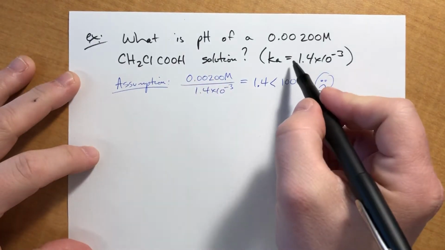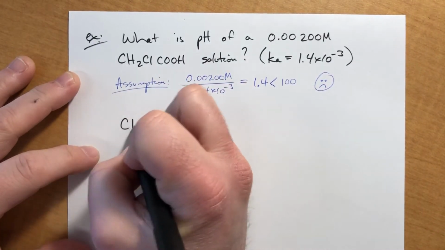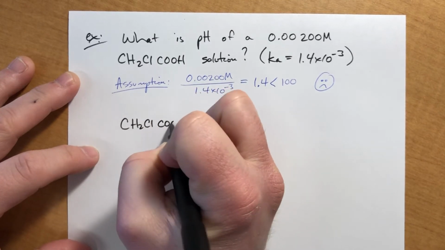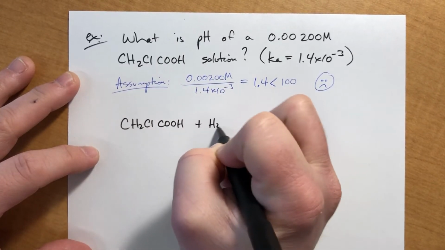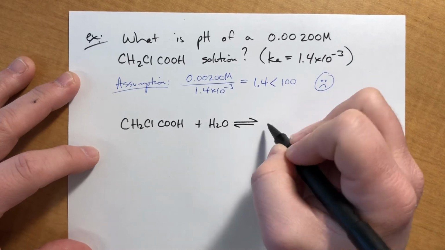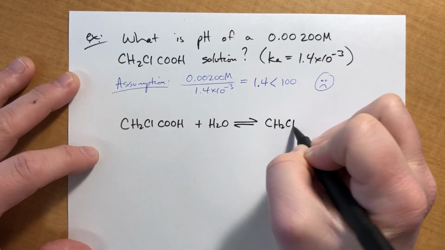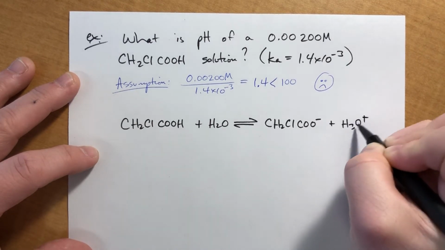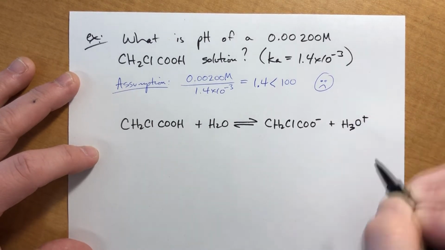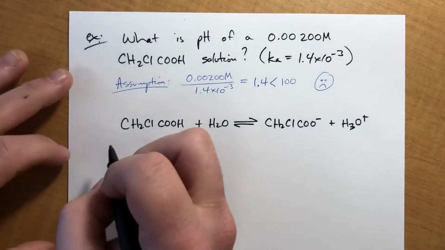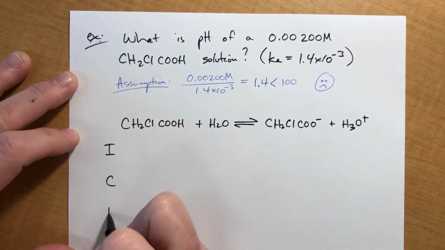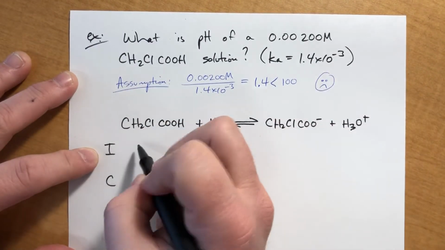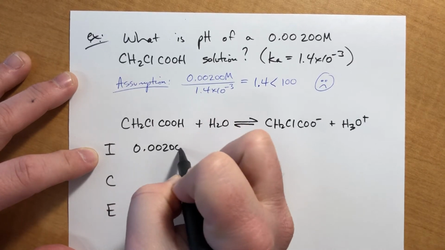So Ka describes this thing losing a proton. You dissolve it in water, equilibrium, you get CH2ClCOO minus plus H3O plus. We do the ICE method. The initial conditions are 0.00200.